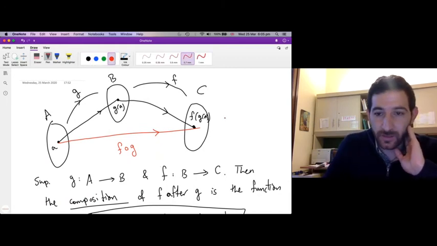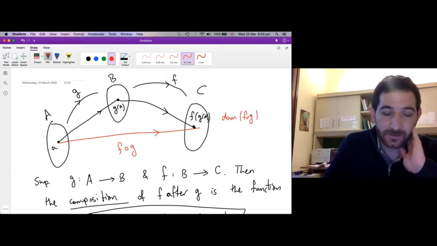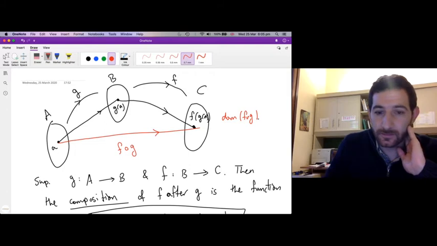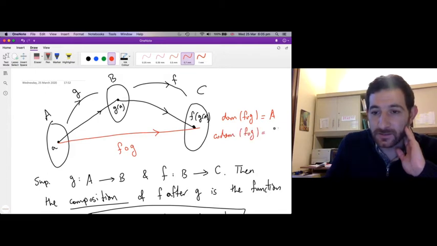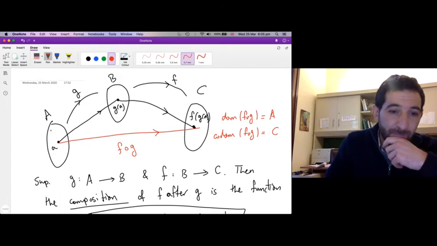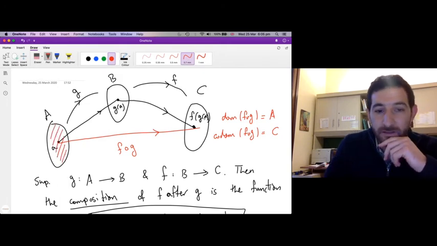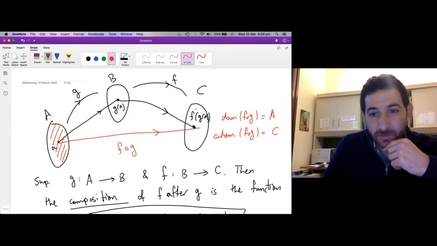What is the domain of f after g of this new function? It is A, and the codomain of f after g is C. This function assigns an image to any element here, and the image belongs to C.